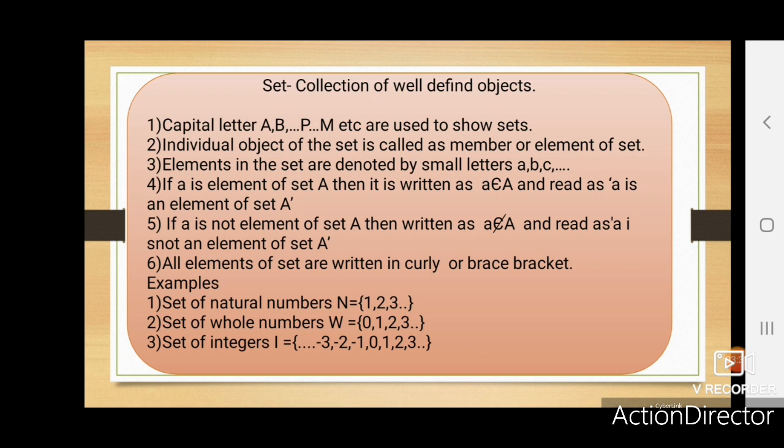Set of integers I is equal to negative numbers -3, -2, -1, 0 and positive numbers 1, 2, 3 and so on.